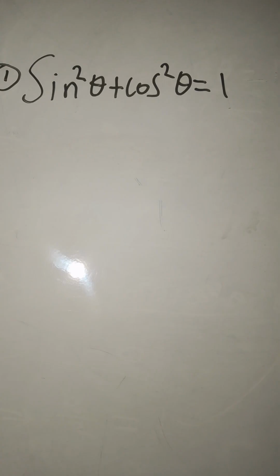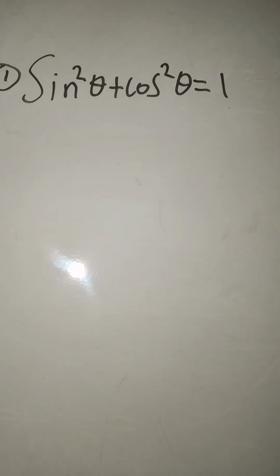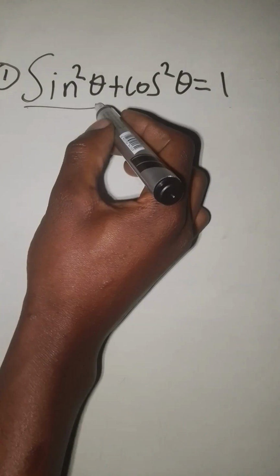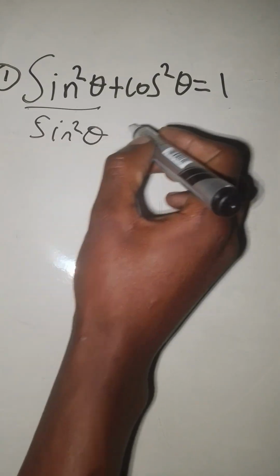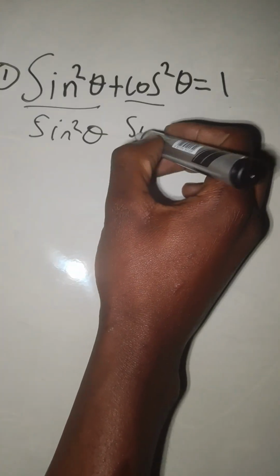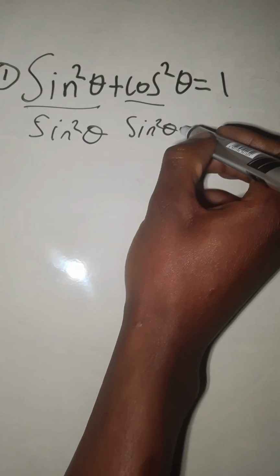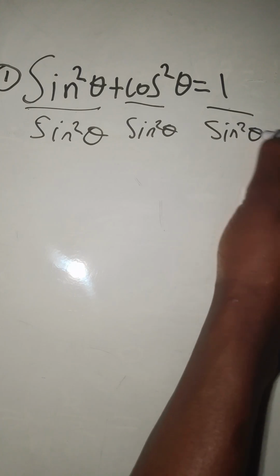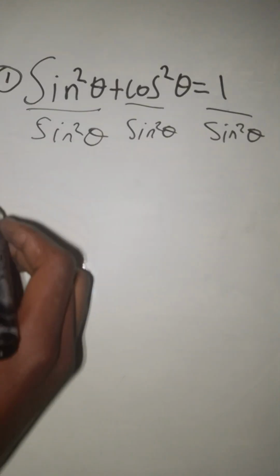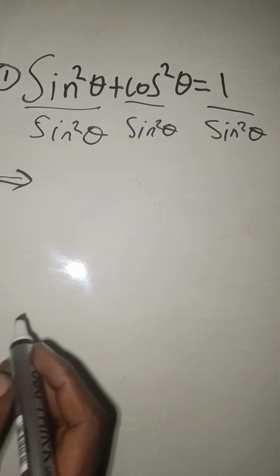So let's generate the first one by dividing the whole equation by sine squared theta. So you are going to have sine squared theta over sine squared theta, plus cosine squared theta over sine squared theta, equals 1 over sine squared theta. Okay, so the first one is going to give us 1.